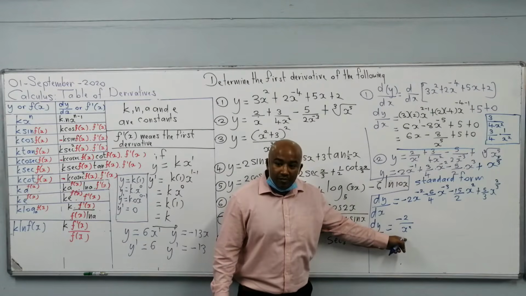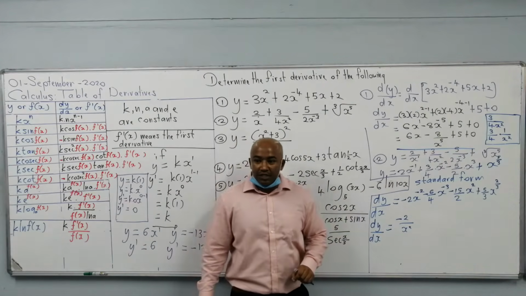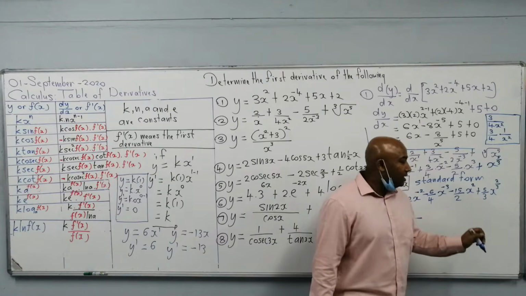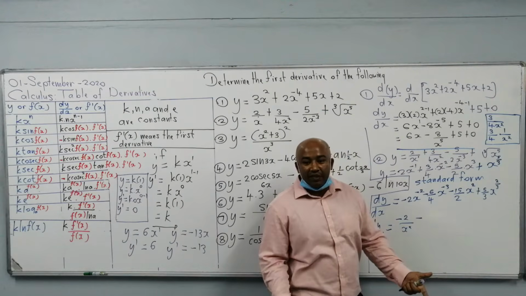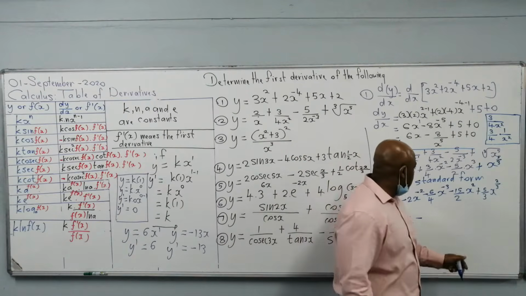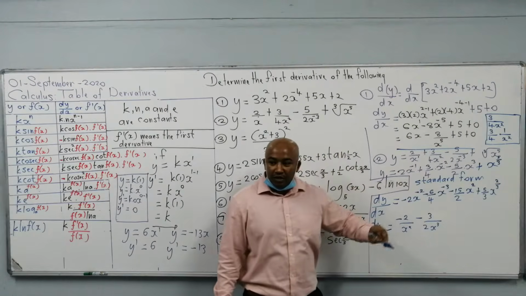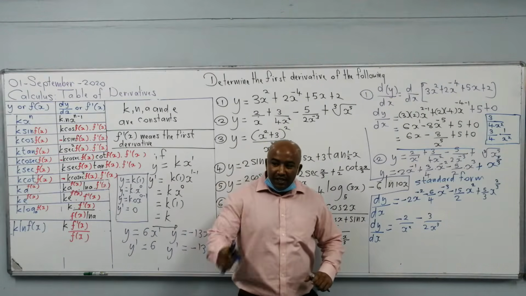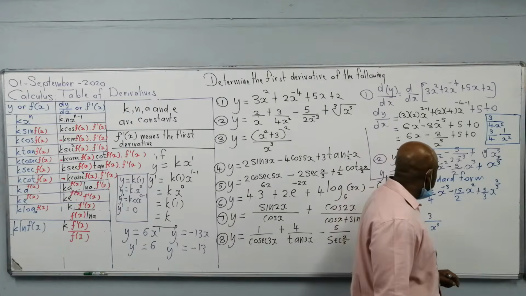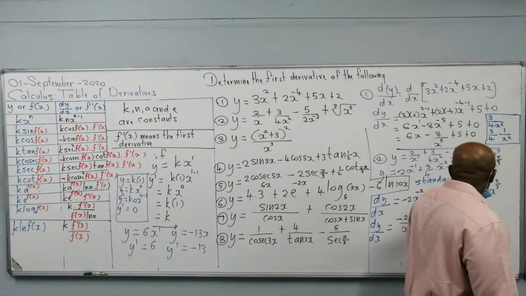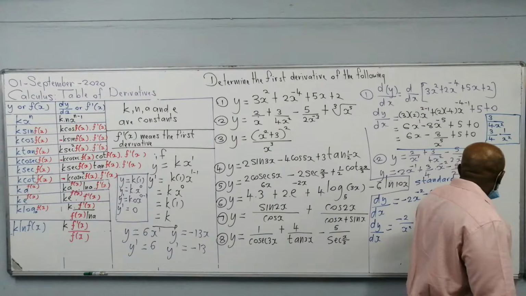I took the base to the bottom, the sign of the exponent changed, and this is going to be 6 over 4. 6 over 4 can be simplified further, 3 over 2. So that's going to be my minus 3 over 2x to the power 3. Notice I took the base x to the denominator and the sign of the exponent changed. Here, there's nothing to do. Minus 15 over 2x squared.